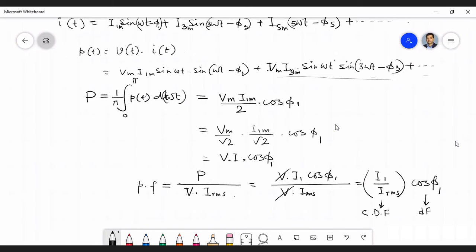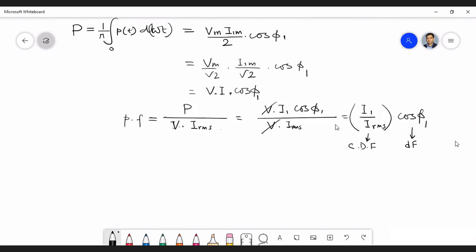Displacement factor is basically the cosine of the phase angle between the voltage and the fundamental component of current. And current distortion factor is the ratio of the fundamental component of current and the RMS value of the current.